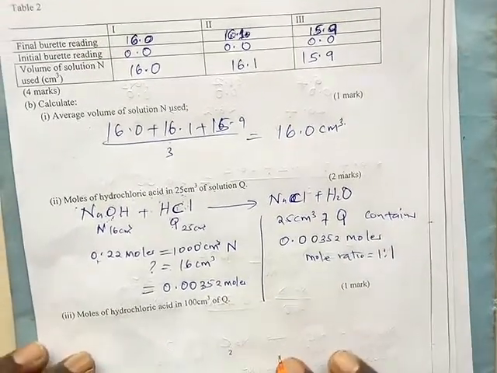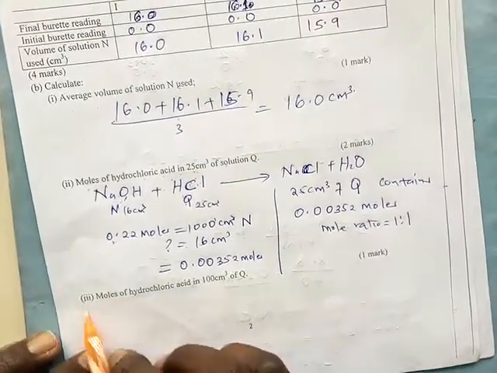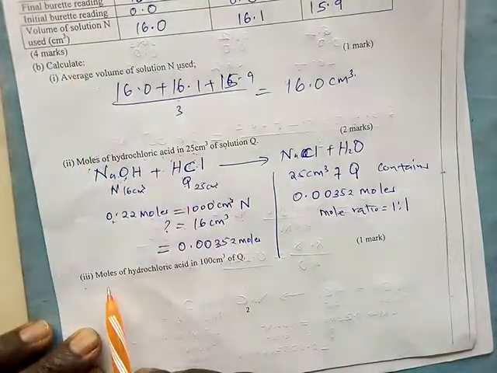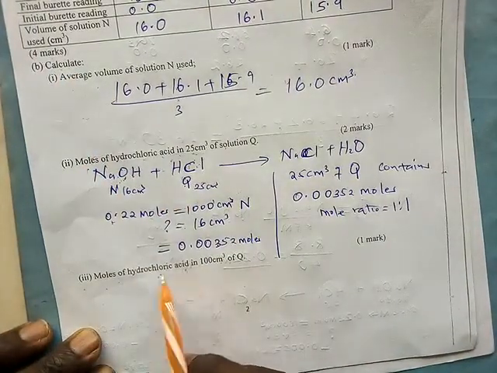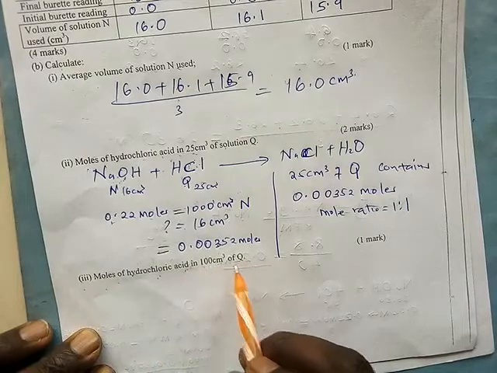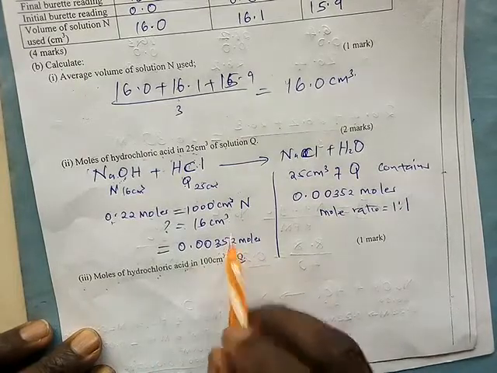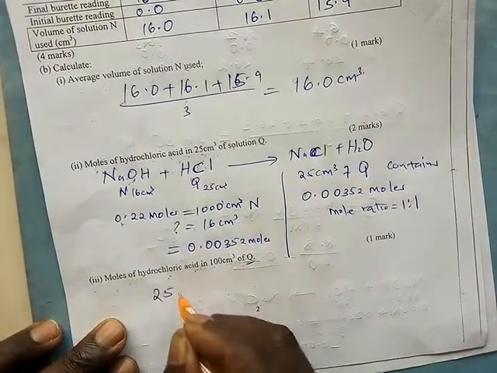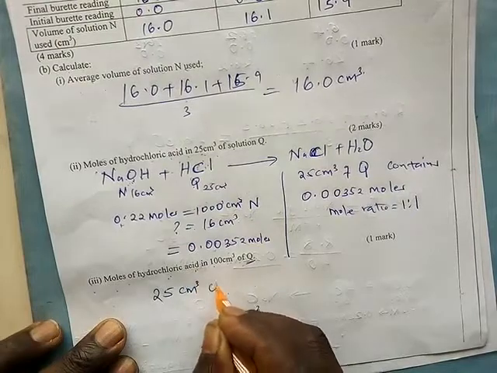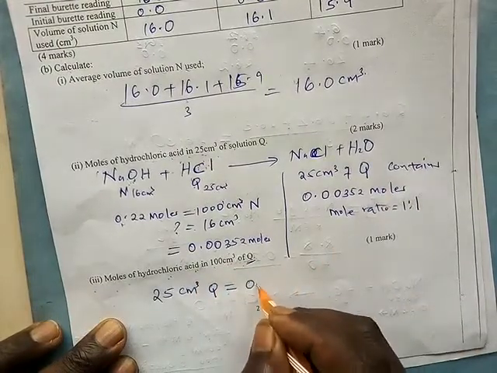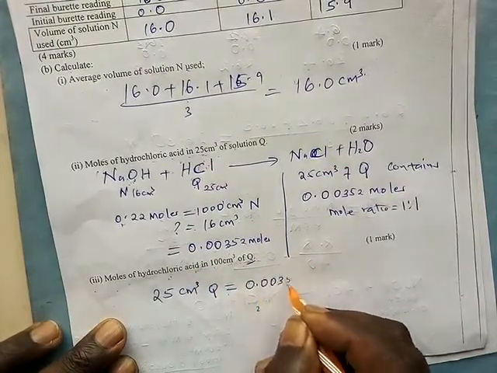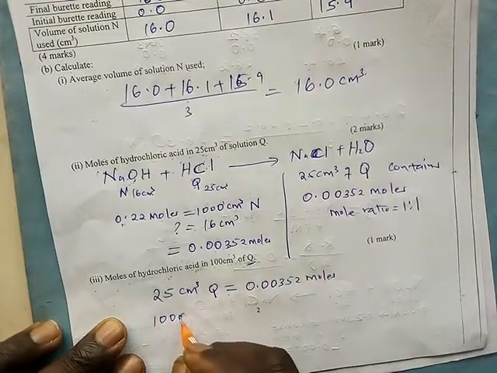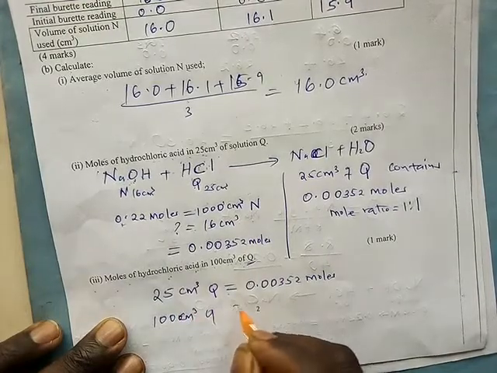Okay. Let us go to part number Roman 3. Calculate the number of moles of hydrochloric acid in 100 centimeters cube of Q. Now we know the number of moles in 25. What about 100? 25 centimeters cube solution Q equals 0.00352 moles. 100 centimeters cube solution Q will contain what?